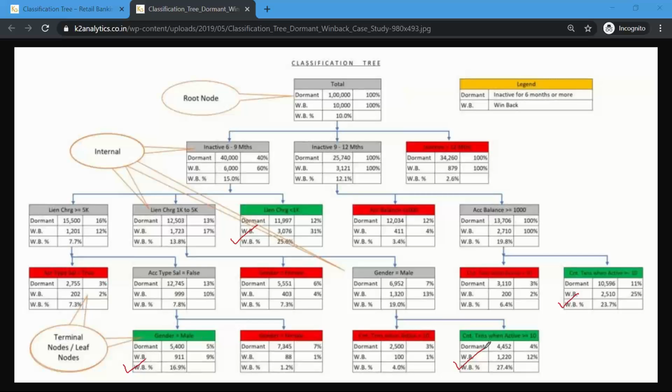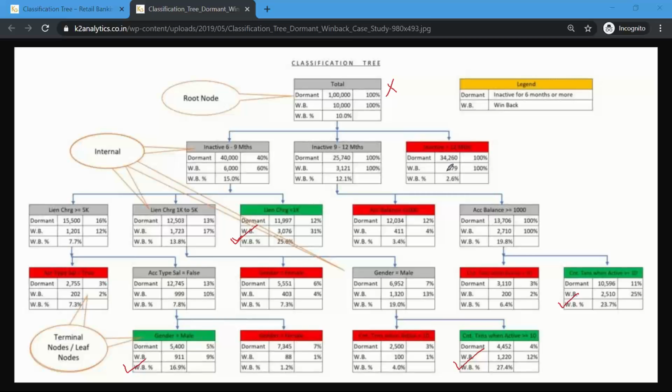And because of this classification, a campaign which was not profitable at the root node has become profitable, at least in some of the segments. So rather than losing out the entire opportunity, it is helping me capture some of the opportunity without running into losses, by running profitable campaigns.